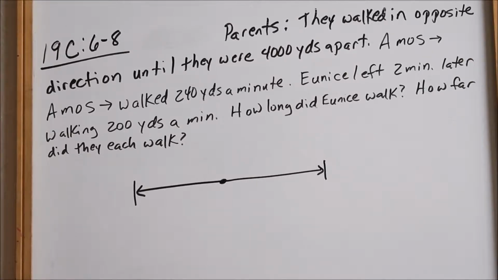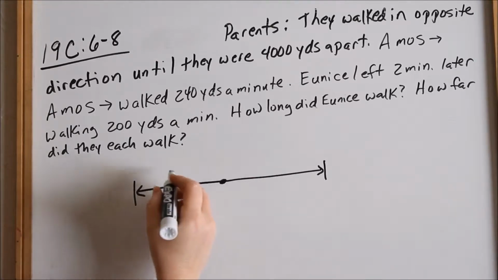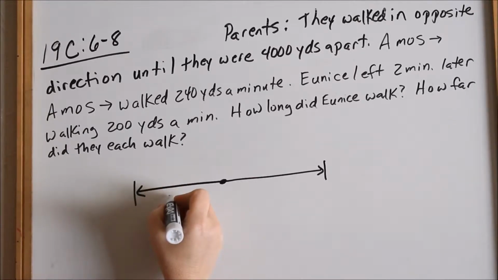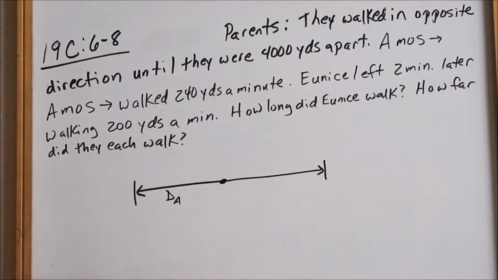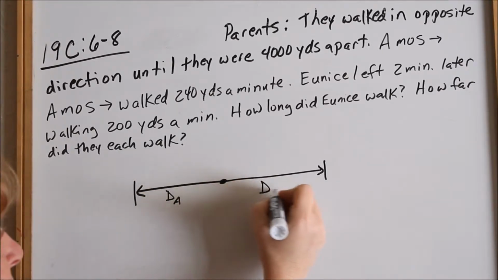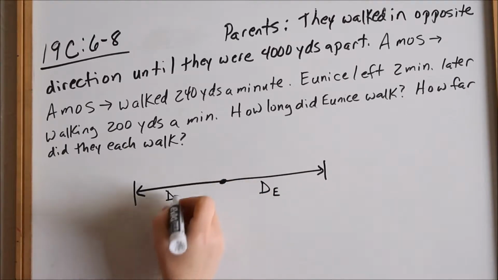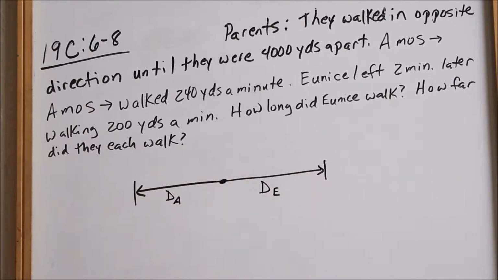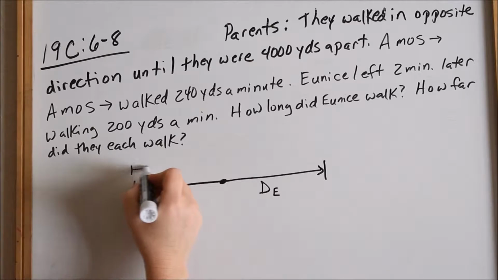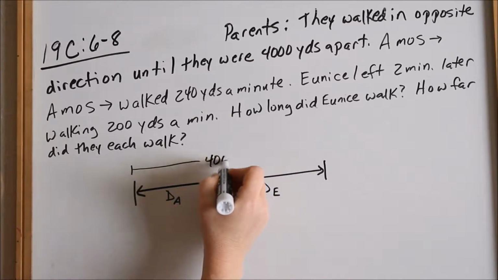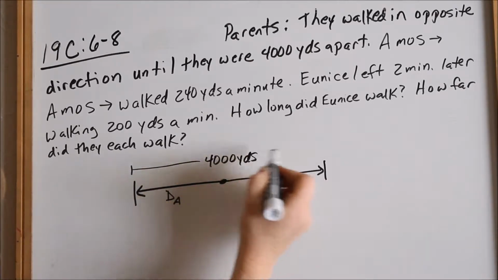It doesn't matter what I label these. I could label this as the distance of Amos, dA. This is the distance of Eunice. But I do know, I was told that the total distance was 4,000 yards apart.